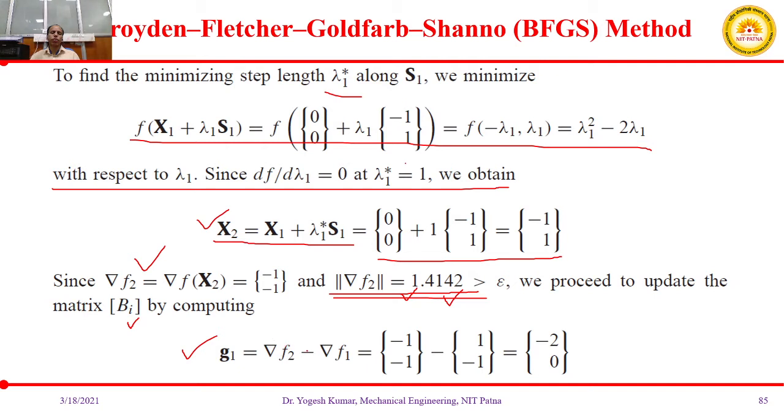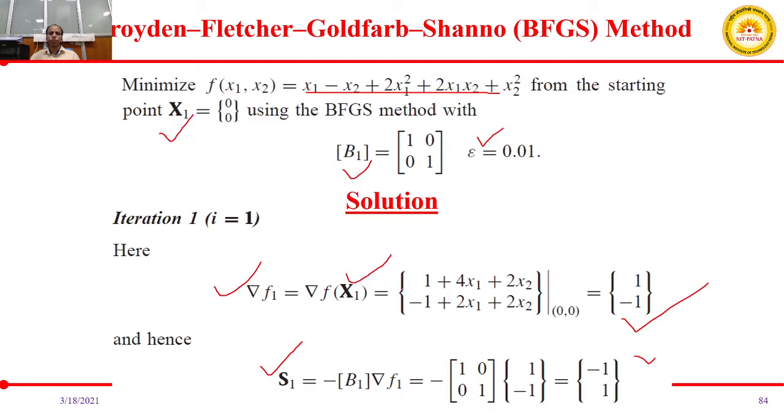Gi is the gradient of F2 minus the gradient of F1. So this G1 is equal to the gradient of F2 minus F1, and this will come to minus 2, 0.